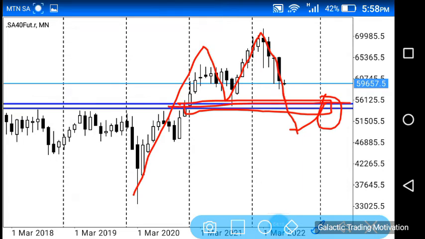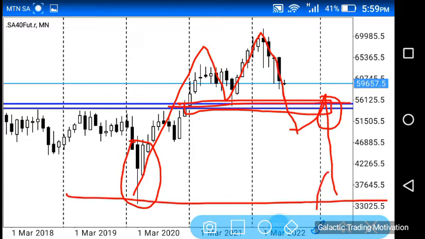What may happen next is price may push down to this level over here where we have this candlestick, which I said is a liquidity candlestick. And then from here we may possibly see price pushing up again to this structure, because it would then be a strong area of resistance. Anyway, let's keep going forward.